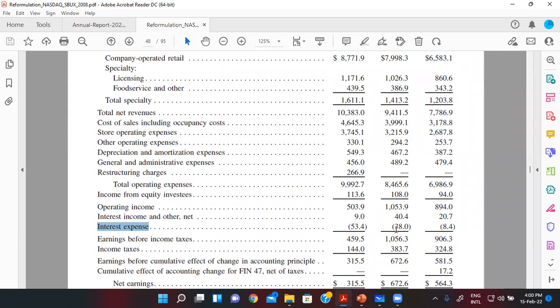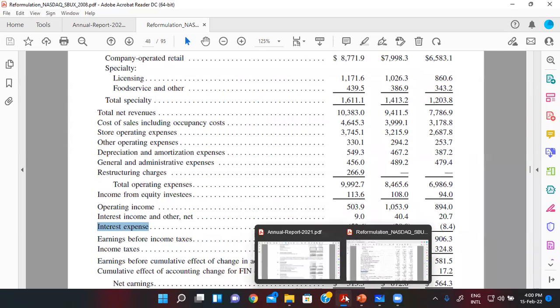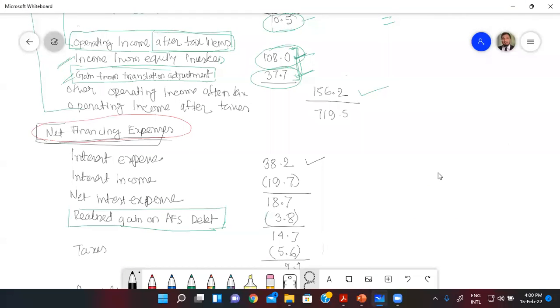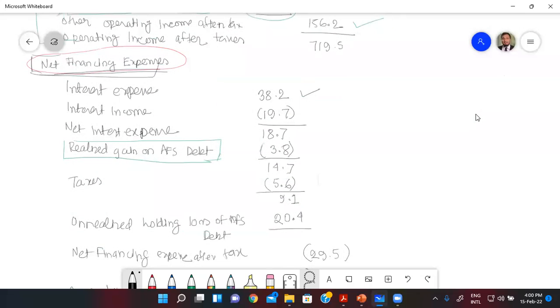That is presented in our text as net interest and other income. The detailed breakdown is provided in the footnote. For the sake of time, I'm not taking you to the footnote in the real 10K report. Okay, fine.